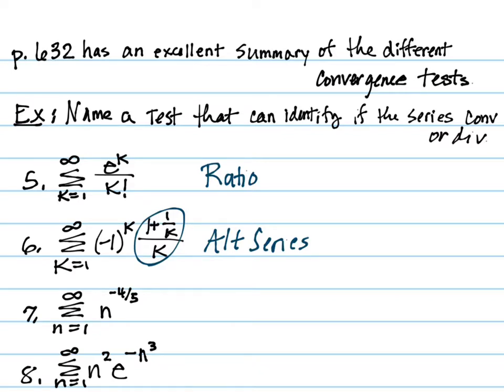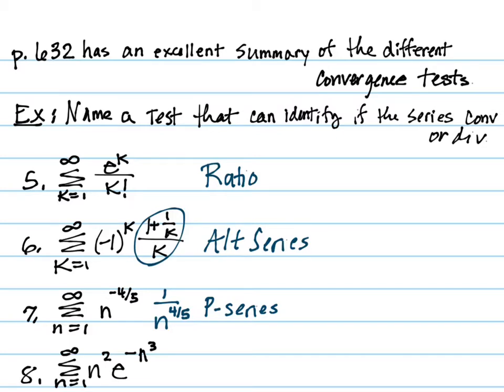Okay, somebody else, number 7. What do you think we might use on number 7? P-series. Why would you use a P-series, Annika? It can be 1 over n to the 4/5. Yeah, so that 1 over n to the 4/5 can be written in that form that fits the P-series description. And 4/5 makes it converge.